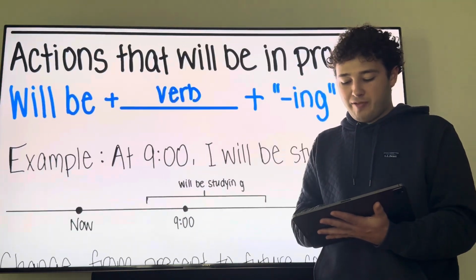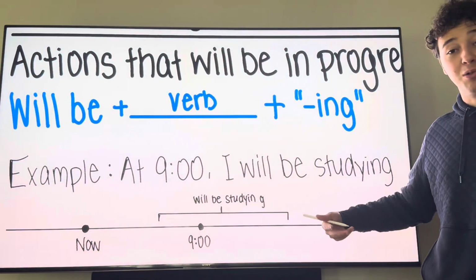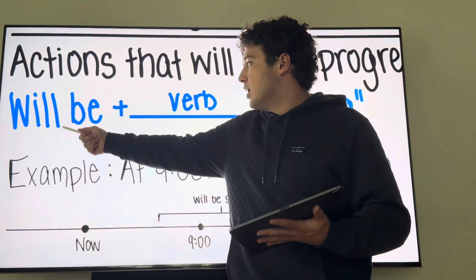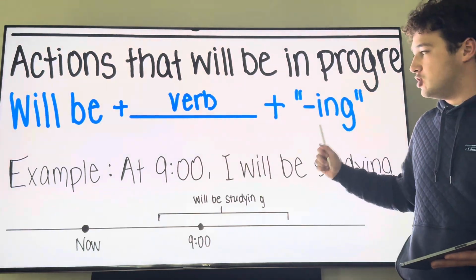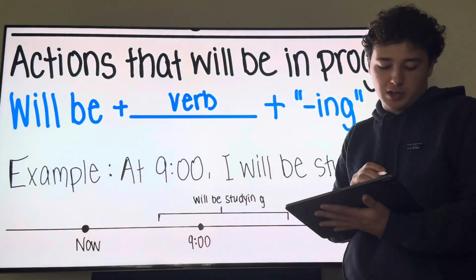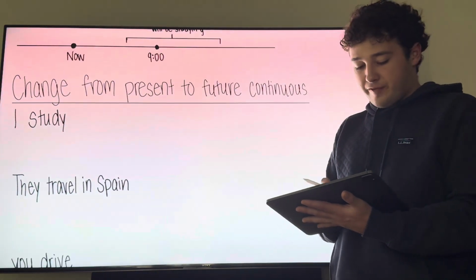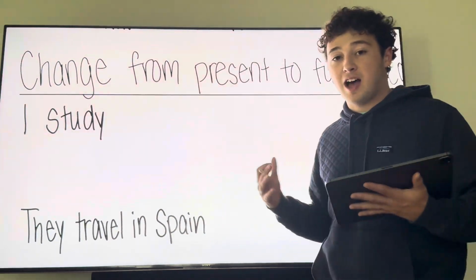I feel you may have picked up the pattern on the form already, but let's go through it regardless. You take will be, add the verb, and then add ing. Will be, verb, ing. So let's look at a few examples. The first one is I study.